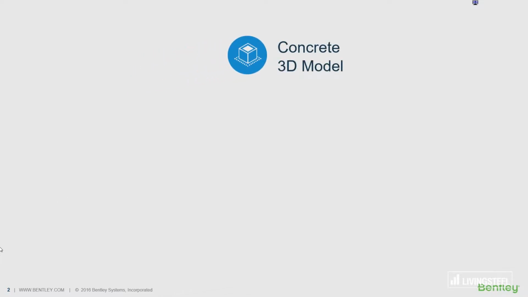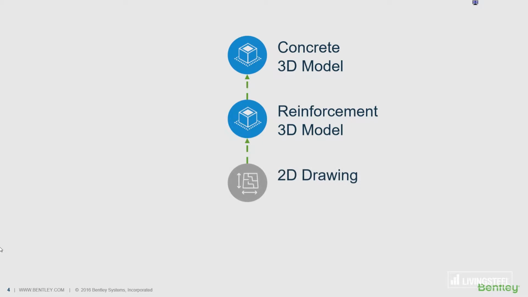Right now we can get concrete 3D models from other solutions like MicroStation, OpenBridge Modeler, or EcoSim Building Designer, and then we can attach them as a reference to our reinforcement models and place reinforcement there. And finally, when you're done with modeling, you cut a 2D drawing out of that model and then you place it on the sheet. So that's the basic workflow.